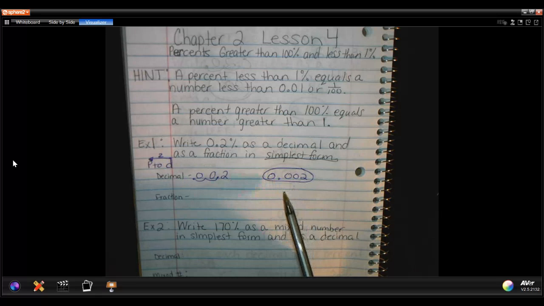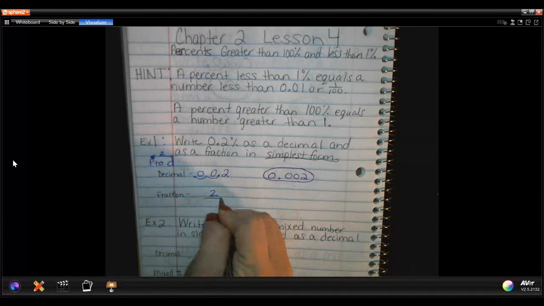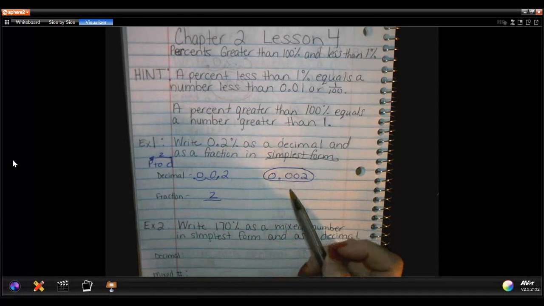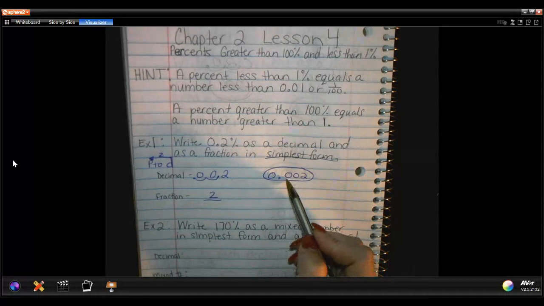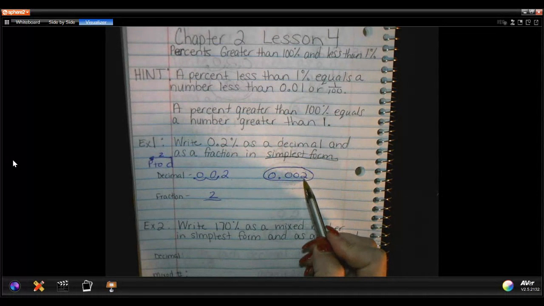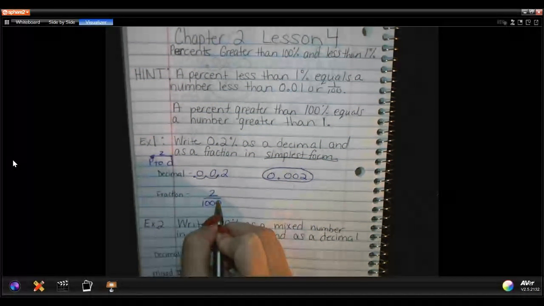Now, if I want to turn it into a fraction, remember when I turn decimals into fractions, I read the number. So my numerator is going to be 2, and for my denominator I need to look at what place value it's in. So I have tenths, hundredths, thousandths. Because the 2 is in my thousandths spot, my bottom number is going to be 1,000.